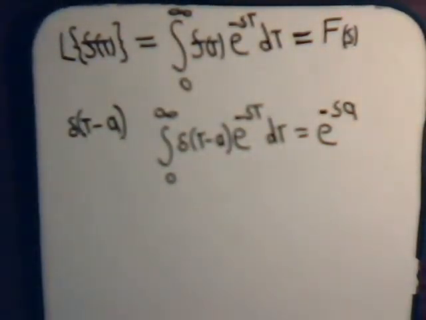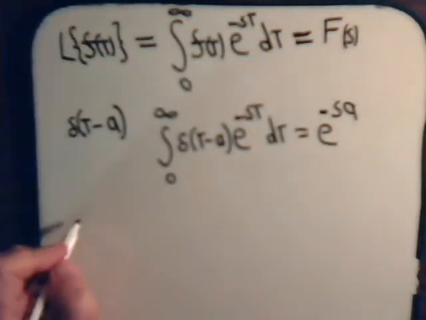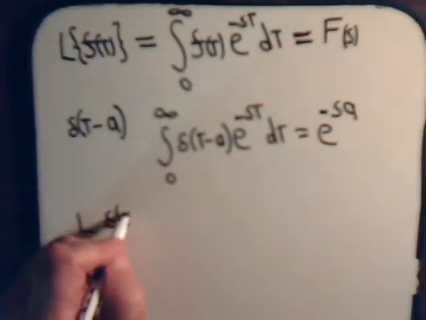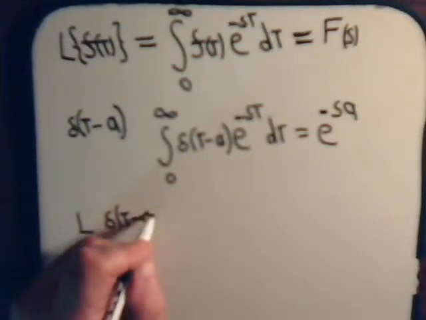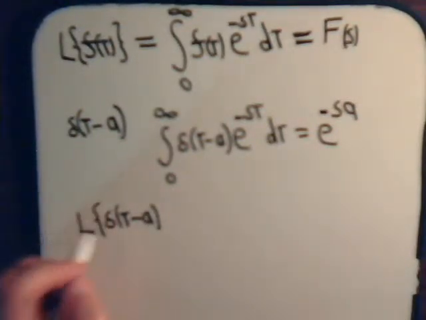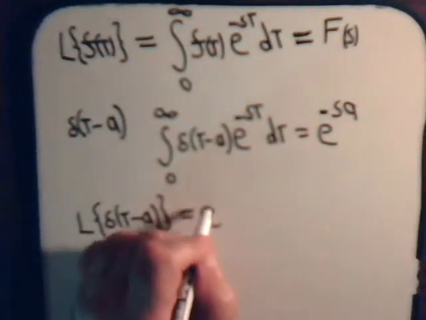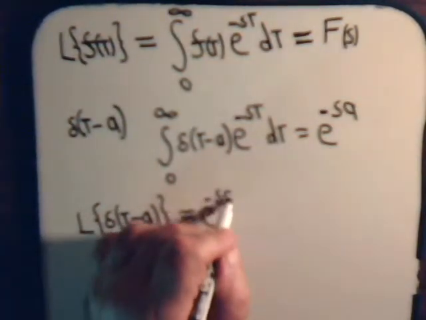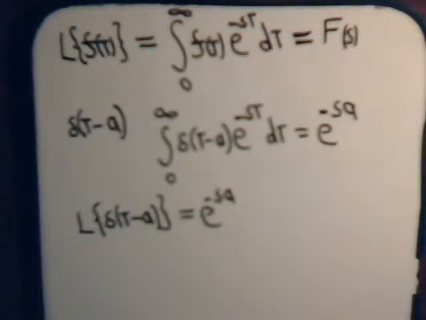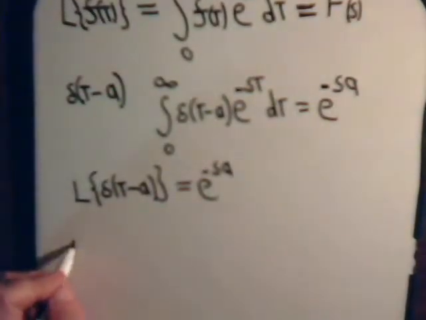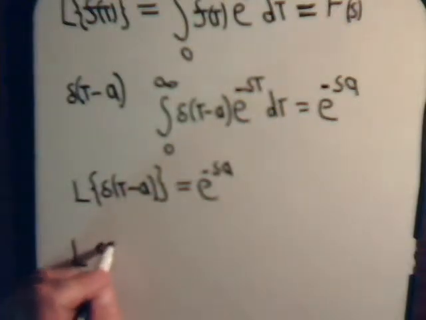So the Laplace transform of the Dirac delta function t minus a is e to the minus s times a. Now what if we have the Dirac delta function just of delta t?